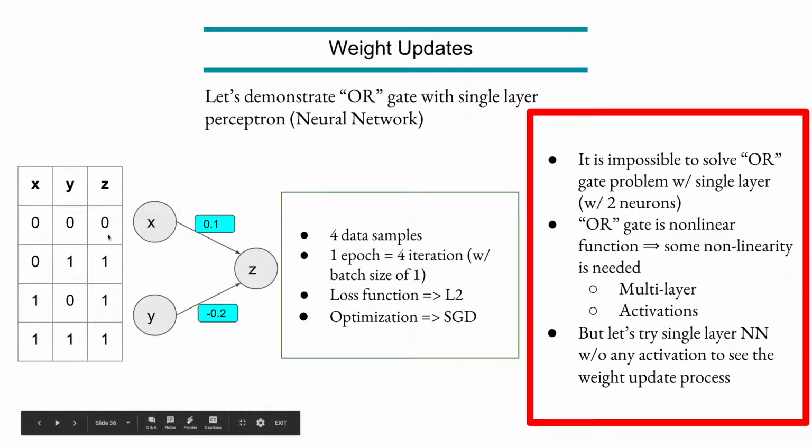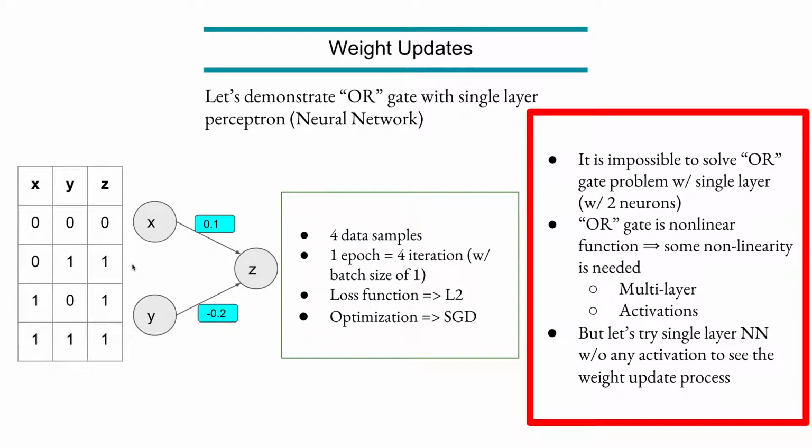And we are going to use L2 loss to calculate the loss function. And for optimization, let's use SGD, stochastic gradient descent. We are going to go into details in the next slide as well.